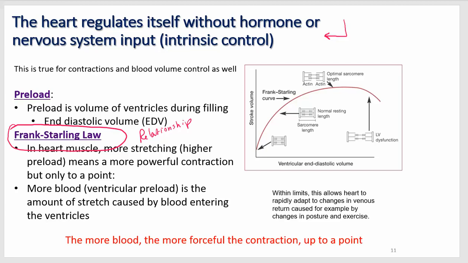So let's say that our preload was less than that, okay? So this is our end diastolic volume here on the x-axis. Let's say our preload was clear down here. This is all we had. Let's say 120 is up here. I don't know if that's even accurate, but maybe 120 is here, right?